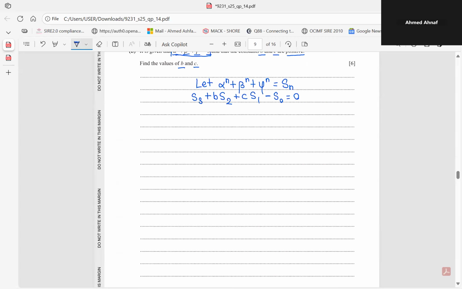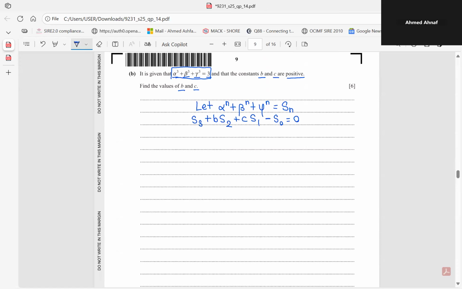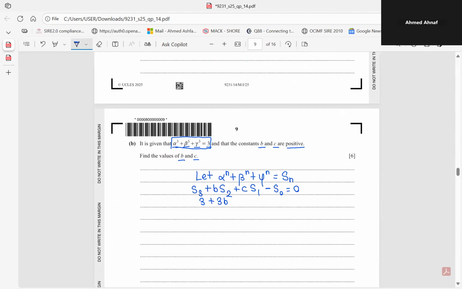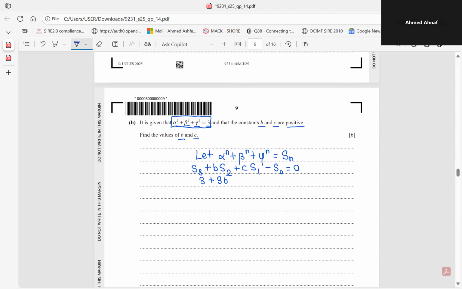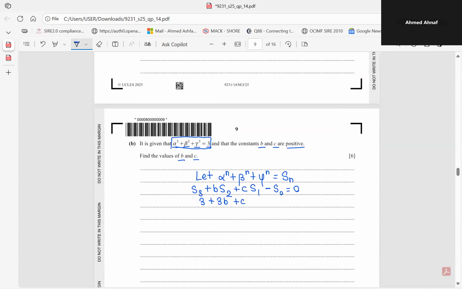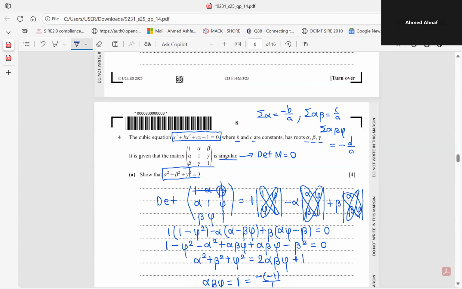Okay, so we know S3, that is 3, and then S2 is also 3, so this is just 3b, and then S1 is just alpha plus beta plus gamma. So alpha plus beta plus gamma is just minus b over a, so minus b divided by 1.